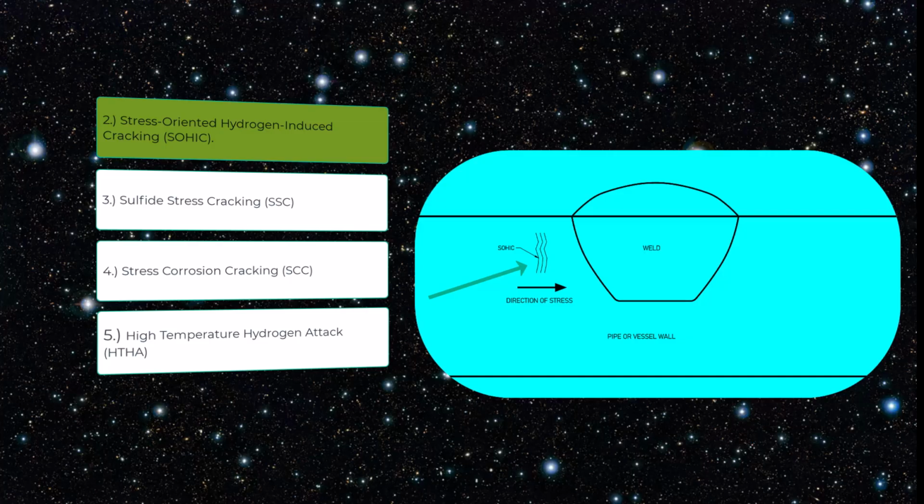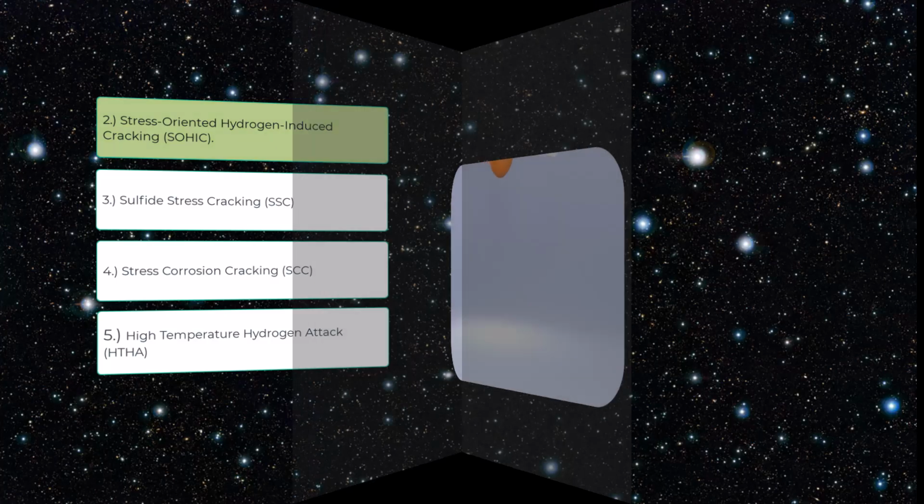So, in summary, SOHIC is different than HIC, hydrogen-induced cracking, in that the stress affects the direction, the number, and the orientation with respect to each other, layered, whereas in HIC, stress does not play a role at all, and the orientation is based on the direction and shape of the inclusions in the steel.